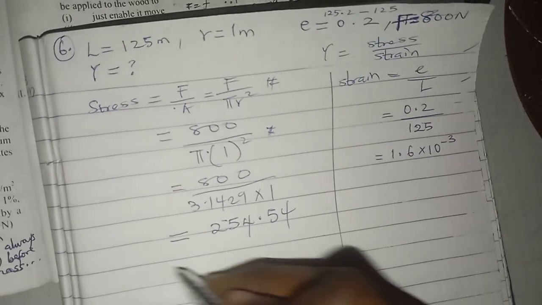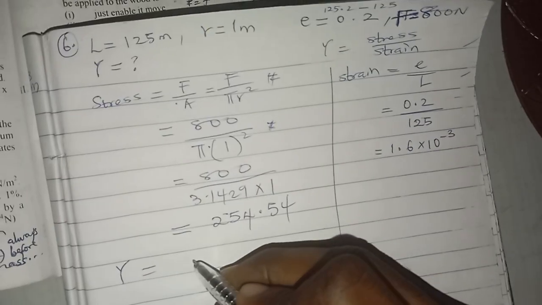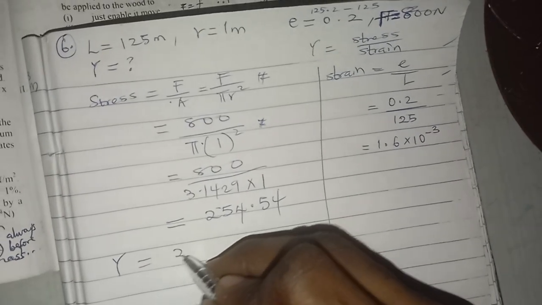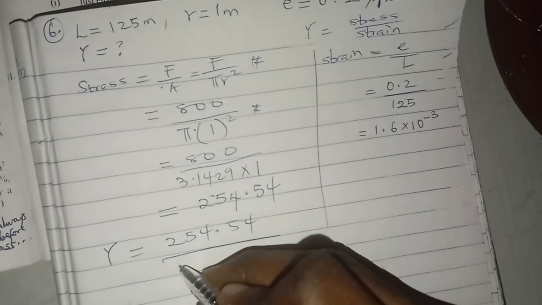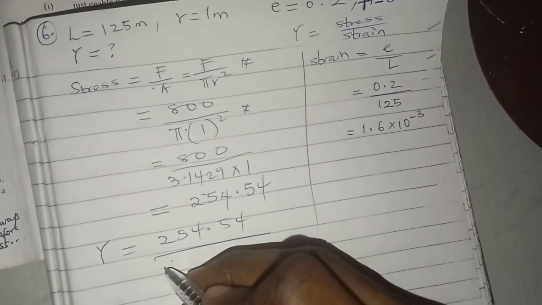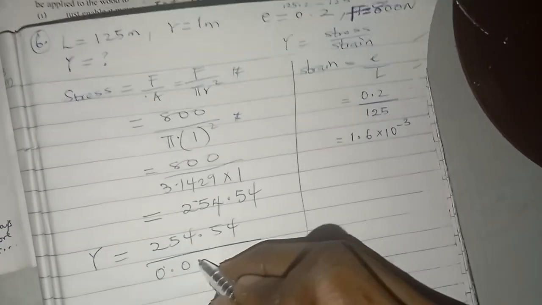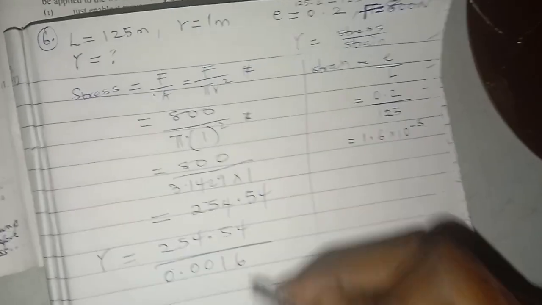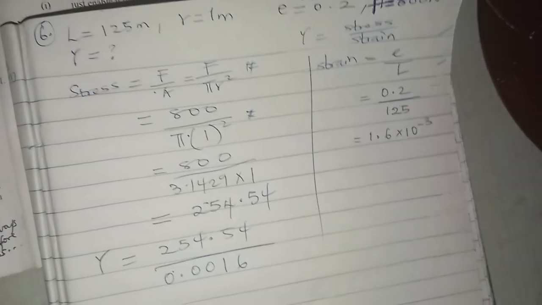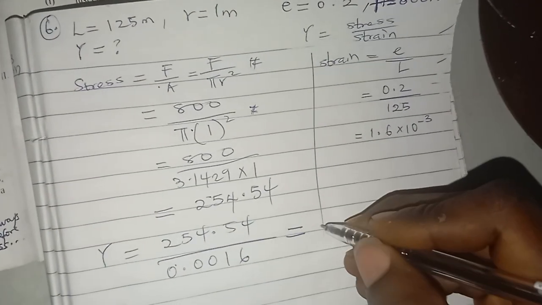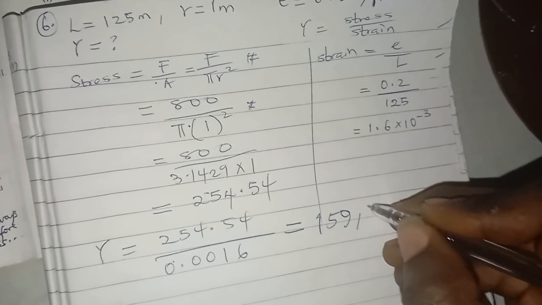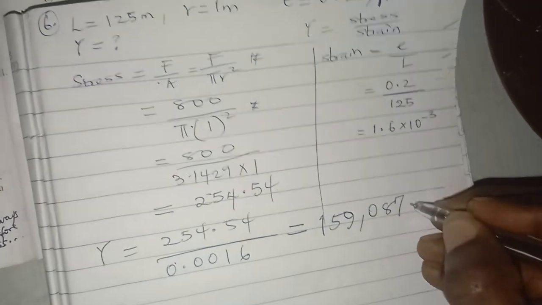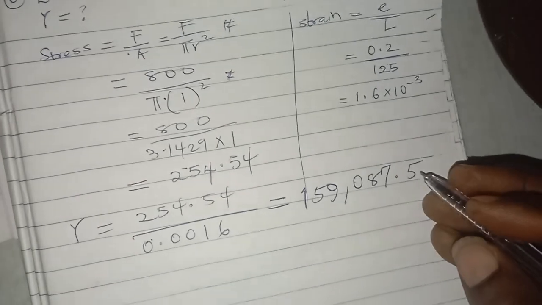So the Young modulus, which is stress over strain, will actually be 254.54 all over 1.6 times 10 to the power minus 3, which is something like 0.0016. If you punch it, it will give you 159,087.5.